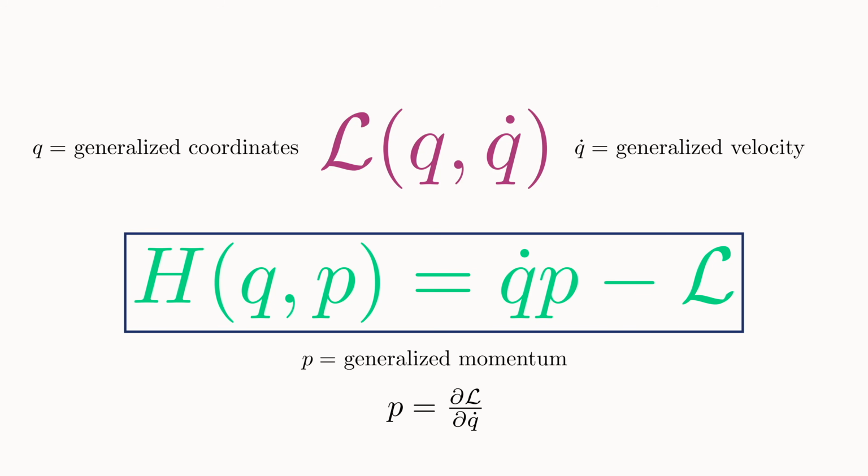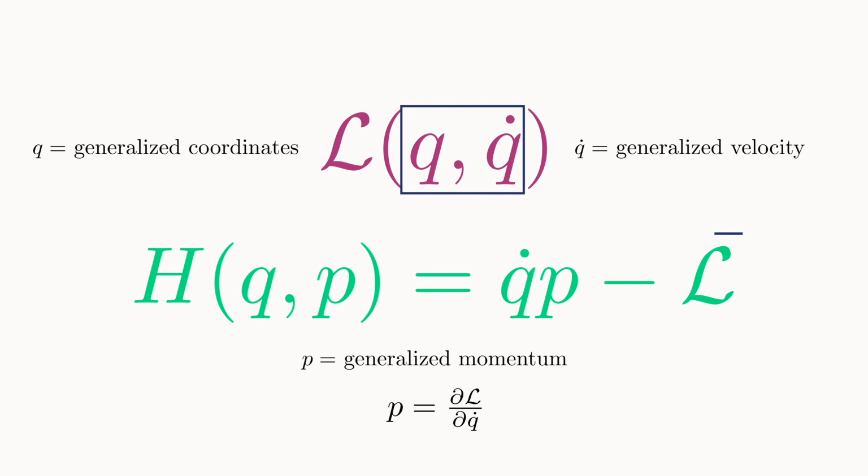By swapping p and q dot, we are able to transform from a function dependent on q and q dot to another dependent on q and p. You can see exactly how this happens with a very basic example. Imagine a ball in free fall. So it's only under the influence of gravity.